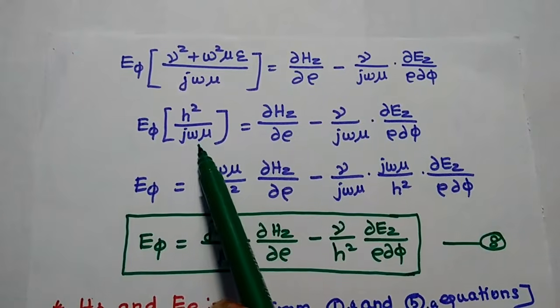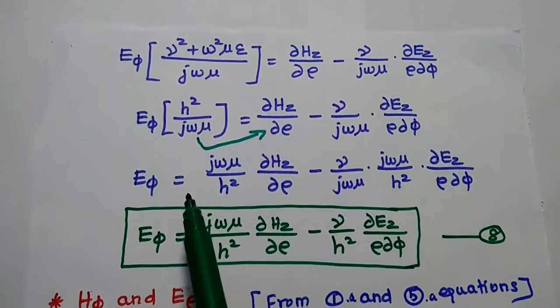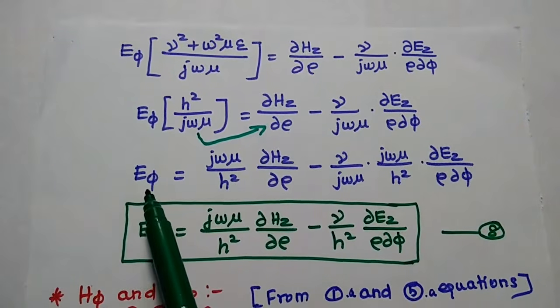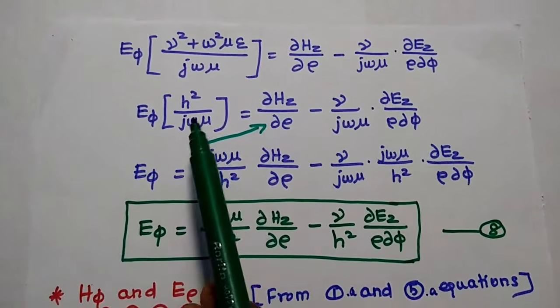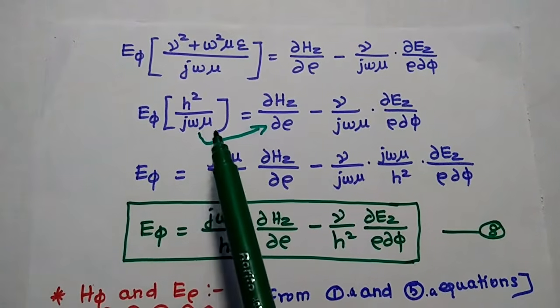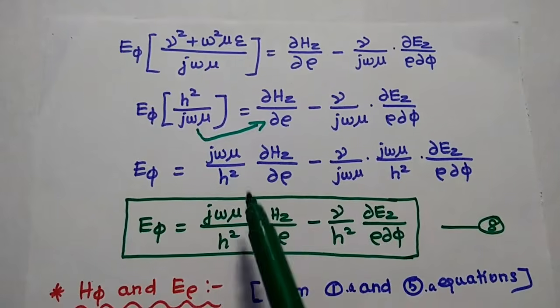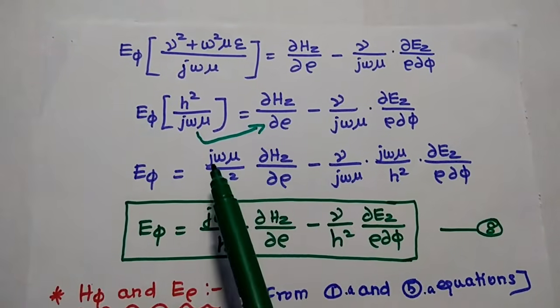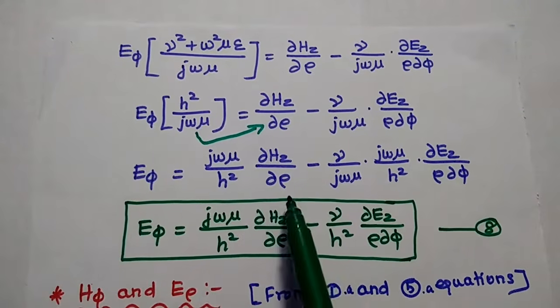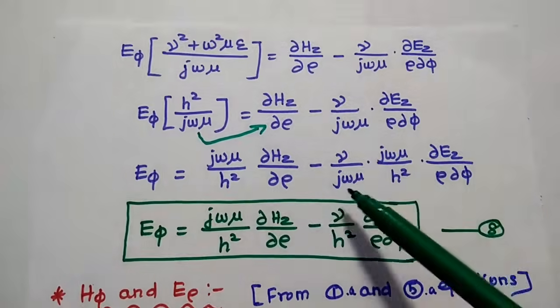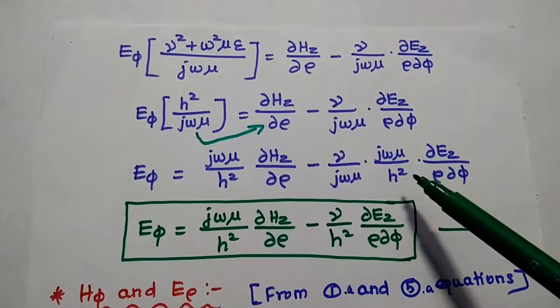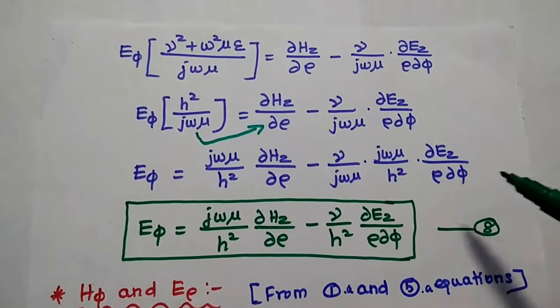Then we have to move this value to this side as a reciprocal to get the value of this E phi component. So this h squared by j omega mu becomes j omega mu by h squared on the right hand side. So j omega mu by h squared dou Hz by dou rho minus gamma by j omega mu into j omega mu by h squared dou Ez by rho dou phi.